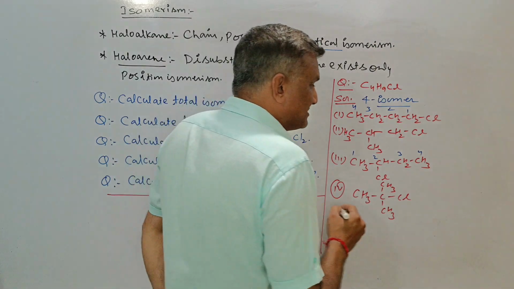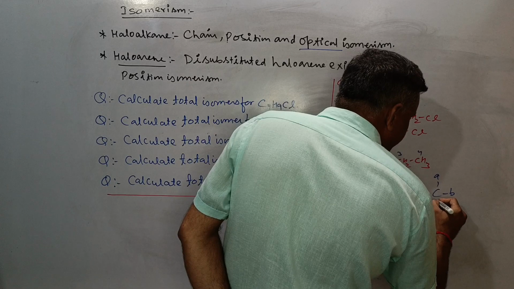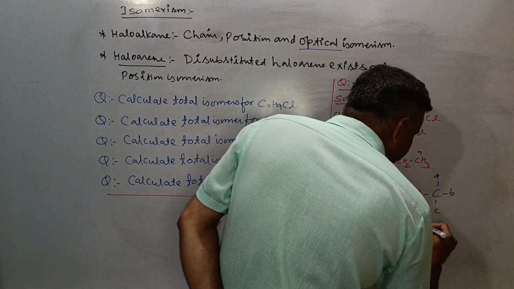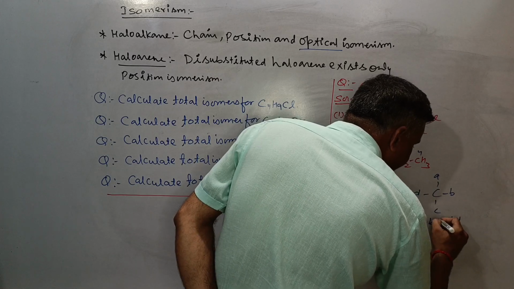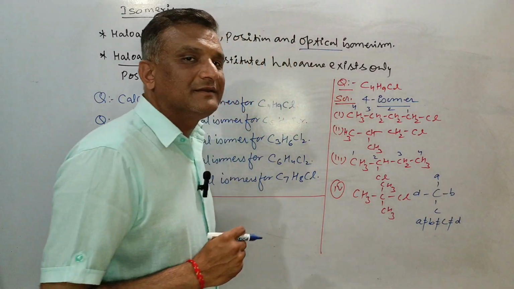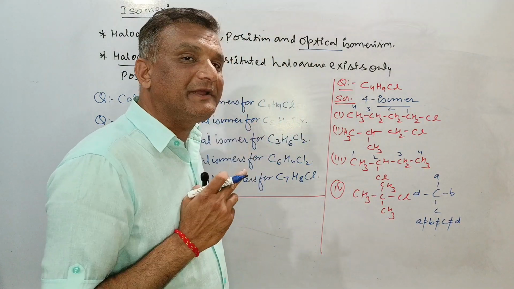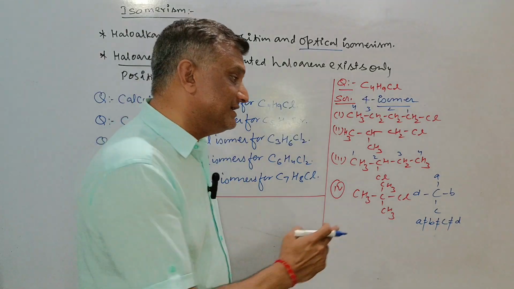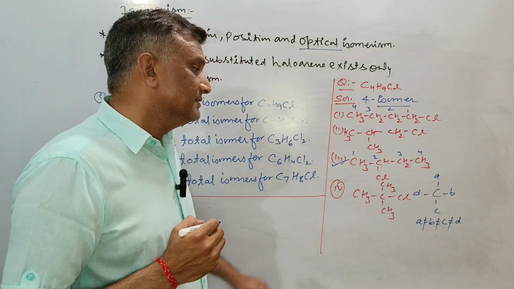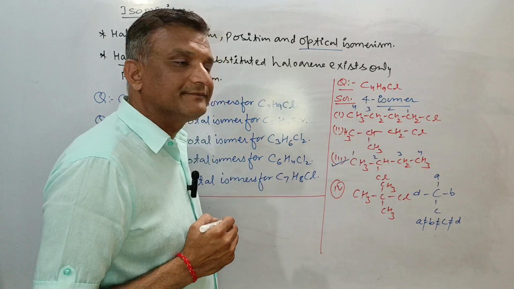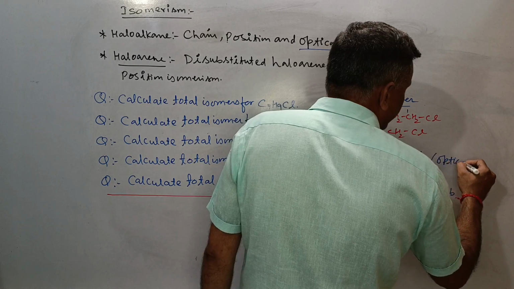For optical isomerism there should be the following condition: C with A, B, C and D, and if A is not equal to B is not equal to C and D, then all 4 groups attached to the carbon are different, and that will be an optical isomer.